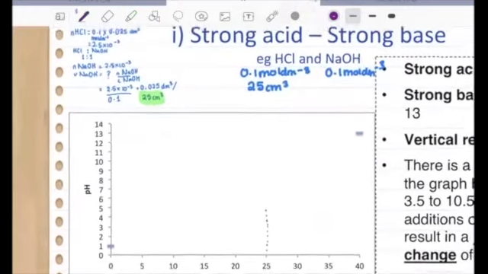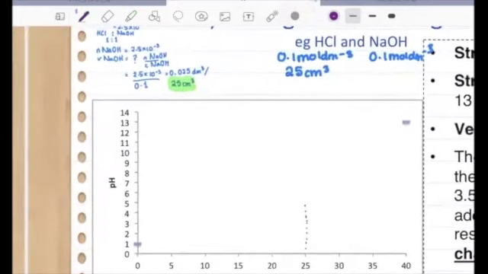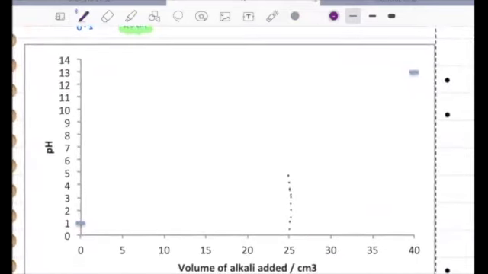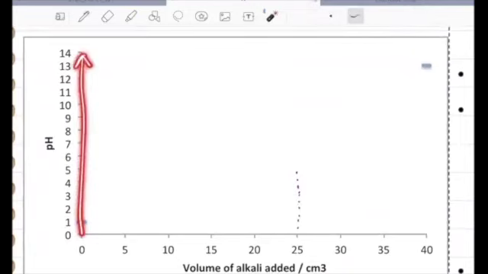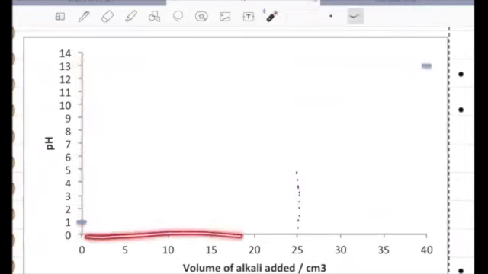Okay, so what happens when drawing or sketching our pH curve or pH graph, we are plotting the pH on the y-axis and we are plotting the volume on the x-axis. Okay, volume of who? Usually it is the volume of the solution in the burette, which is called the titrant.